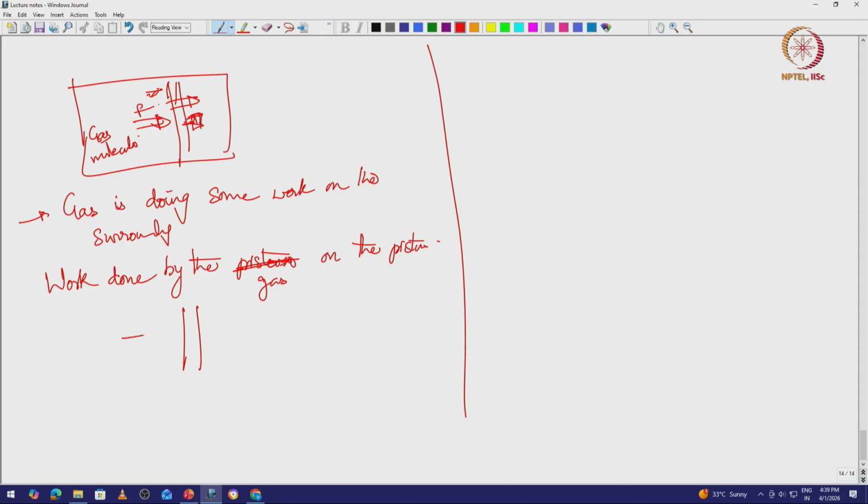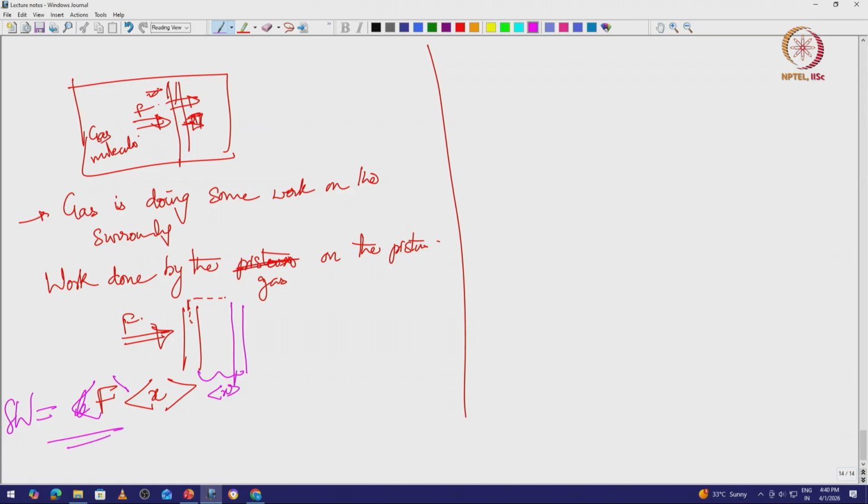So if I just do a free body diagram of the piston, there is a force that is being applied by the gas, right, and that force is letting this piston displace by an average amount of x. So this piston was here to start with, and then the final position of the piston is somewhere here. Okay. So Fx, right. F is also some kind of, I will write it to be average force, but we will know what that is later. So this is the work done, or delta W, done by the gas on the piston.